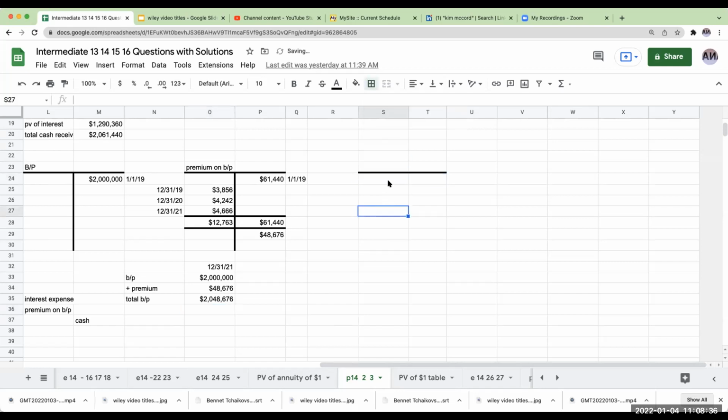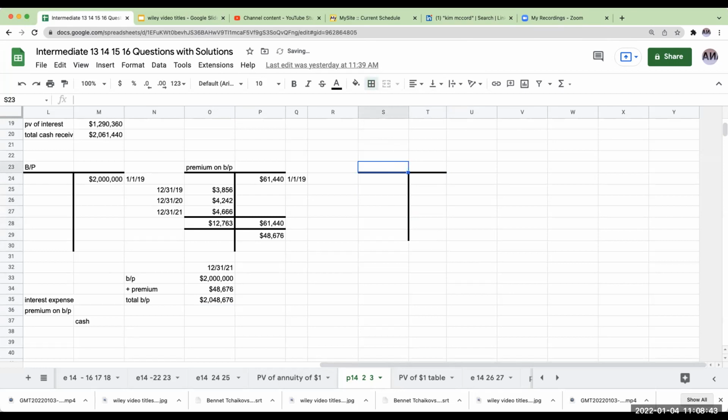Could I say bond payable redeemed, and bond payable unredeemed? I'm going to put $1 million in each of these, okay?